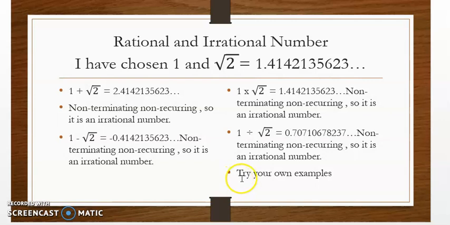I would request you to try out examples on your own and check whether all these facts are true, whether there are any examples that make any of these statements false. See here, when I am adding a rational number and an irrational number, I am getting an irrational number. Can you find two examples where adding a rational number and an irrational number will give you again a rational number?